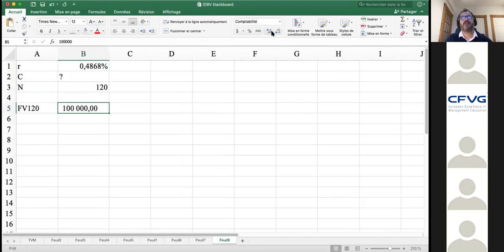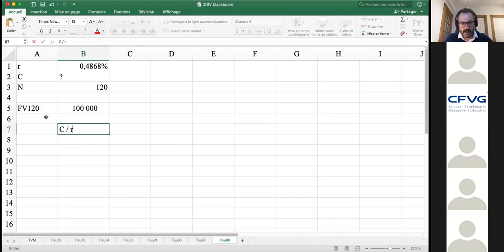Because its future value is in 120 months. So the formula is C divided by R times 1 minus 1 divided by 1.004868 exponent 120. Okay, so that's the formula.